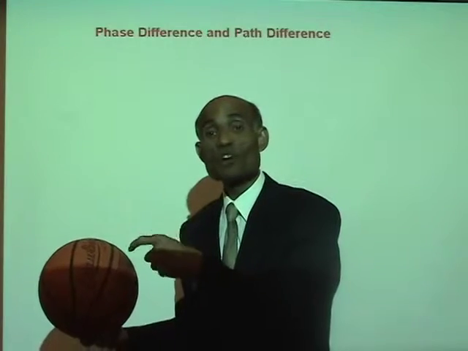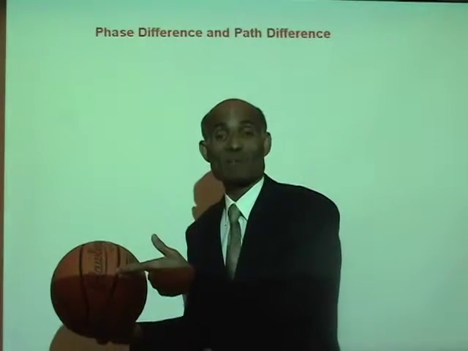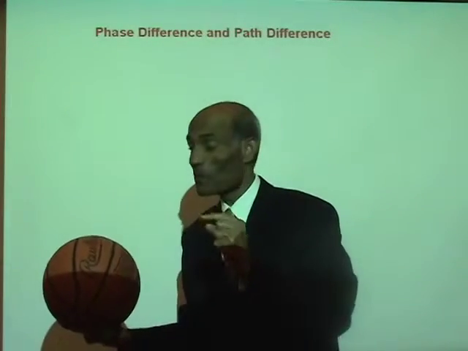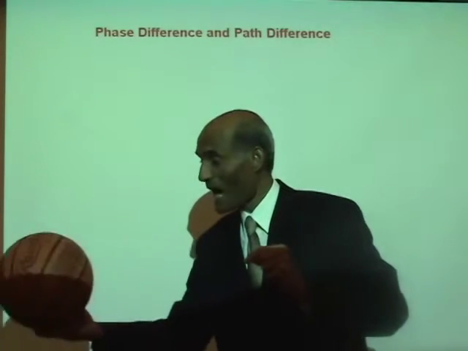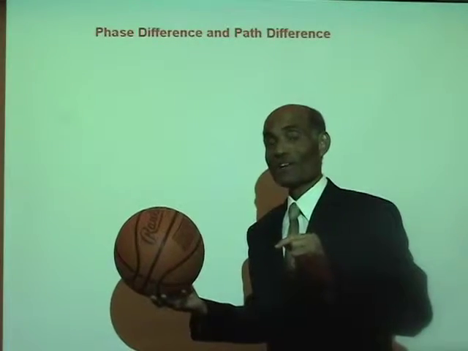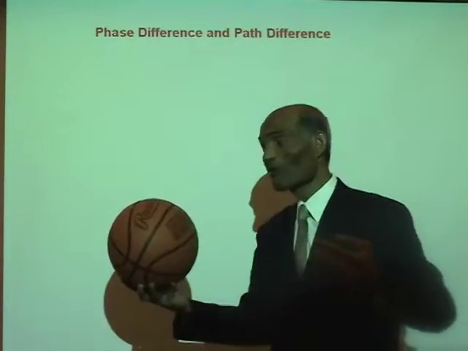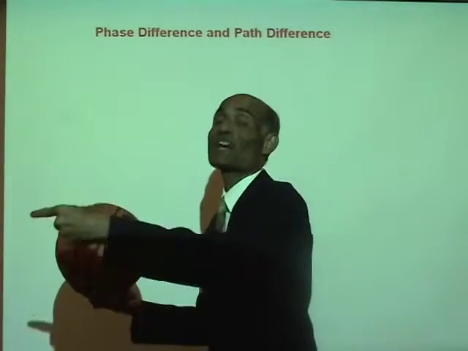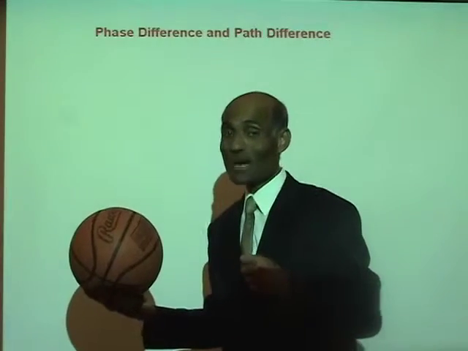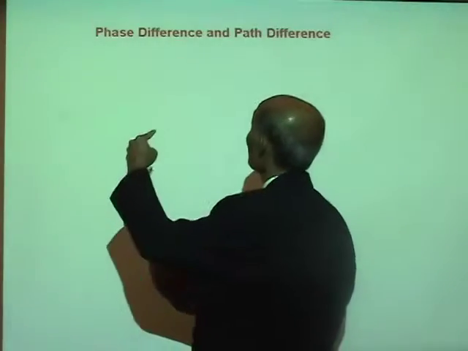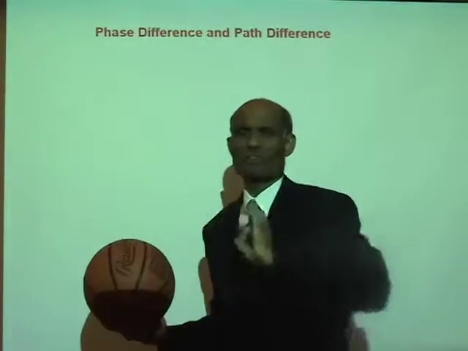If the phase is 0, it means it is beginning to vibrate. The phase is pi, it means it has completed half a vibration. If the phase is 2 pi, it means it has completed one full vibration and is going to start again. Alright?